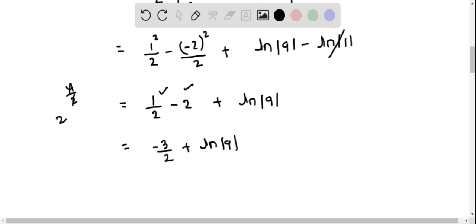So we can put this into a calculator. When we do that and approximate to a decimal equivalent, we get approximately 0.6972. So this is the value of the definite integral.